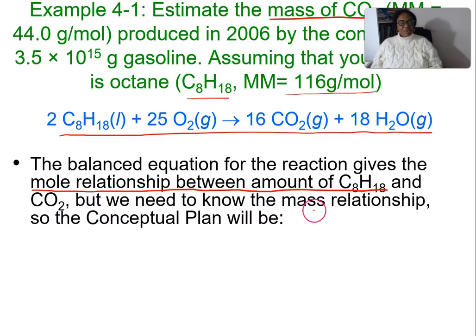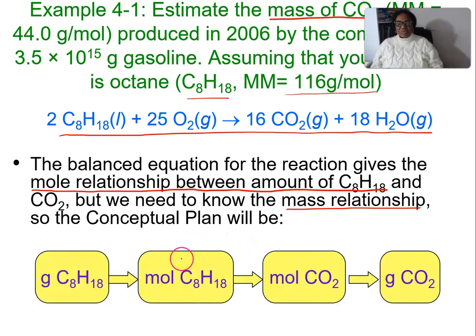But we need to know the mass relationship. So we are going to come up with a conceptual plan. We have to move from the mass of octane to moles of octane, then the moles of carbon dioxide and mass of carbon dioxide.